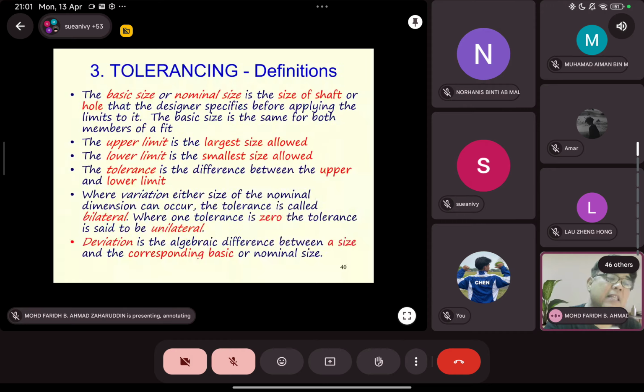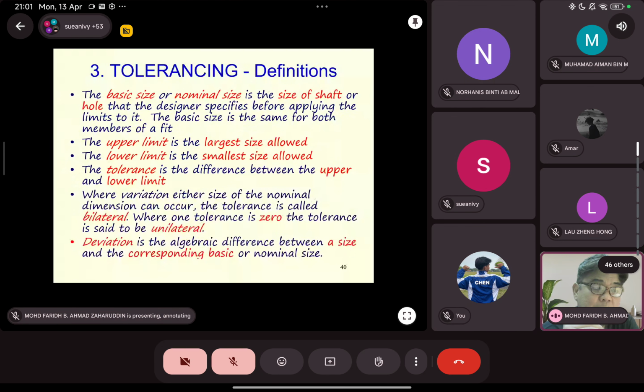In tolerance, there is an upper limit, which shows the largest, the maximum size of shaft or hole, and there is a lower limit, which represents the smaller size of hole and shaft, sometimes called the minimum size.